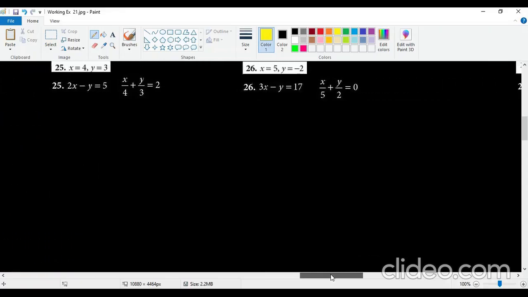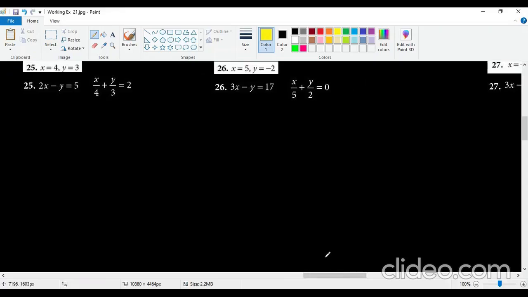Now comes exercise 25. In here there is something tricky we need to do. As you can see in the second part of the equation, it's a fraction. So I'm just solving this: y over 3 equals 2. I will multiply everything by the LCM, which is 12.